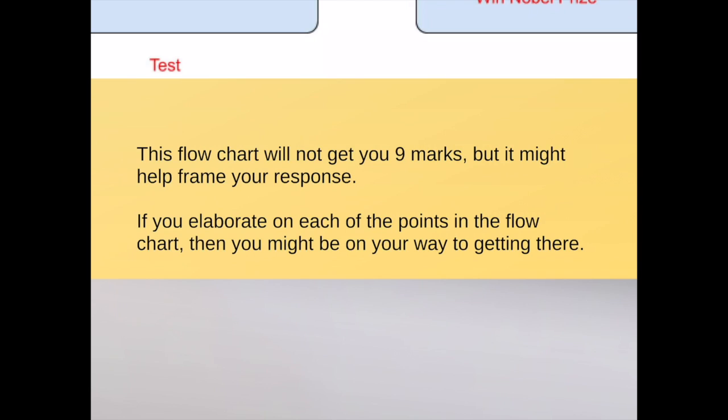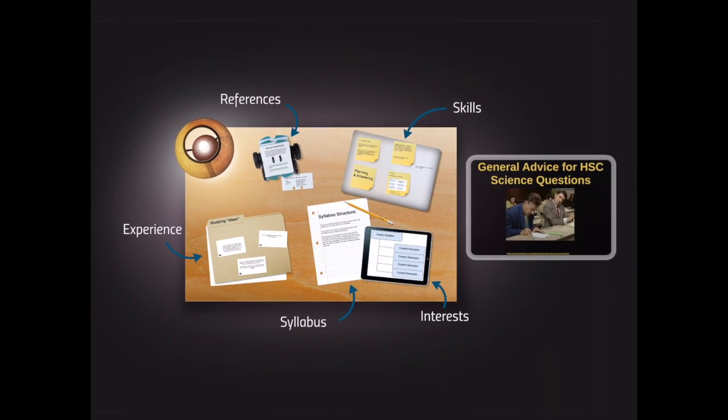That will take you from 3, 4, 5, maybe up to 6, 7, 8, 9. Basically, if you can do that across all the questions, you're going to move yourself up from those lower responses to those higher responses. Okay, thank you.